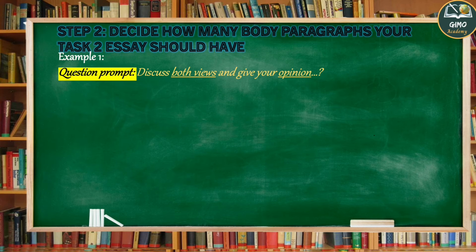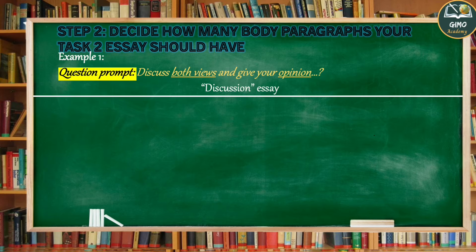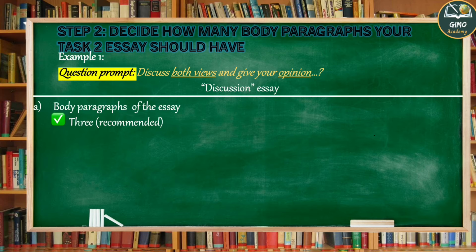So let's have a look at the question prompt. This is the question prompt of the discussion essay. As we were saying, in the discussion essay, you should have at least 3 body paragraphs. You can, of course, have more than 3, but the recommended number is 3.